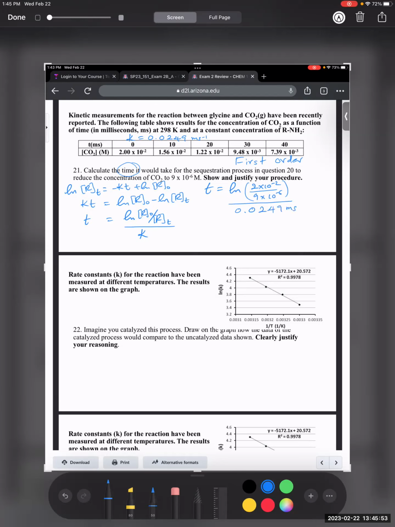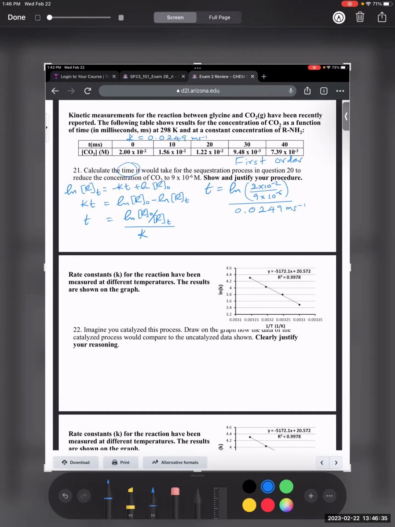The rate constant is 0.0249 per millisecond. Let's do this. Take out your calculators and do the natural log of, I'll write the entire thing for the moment. I did not simplify the exponents of 2, which is fine because we can use the calculator. Divide this by 9 times 10 to the power of -6.